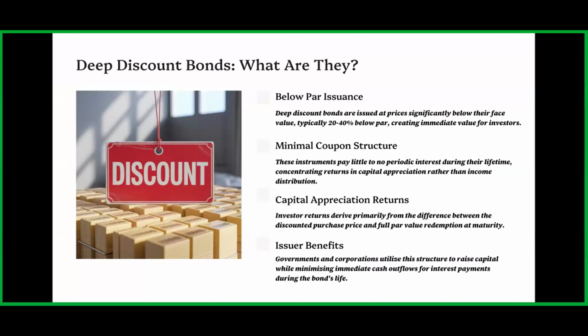There is a much greater necessity of funds for the companies and organizations, and that's why they give that much discount to the investors. So they attract the investors, because the investor sees the highest return, he sees the large discount. He thinks that I have to pay 60 rupees, and at maturity I'll get 100 rupees.